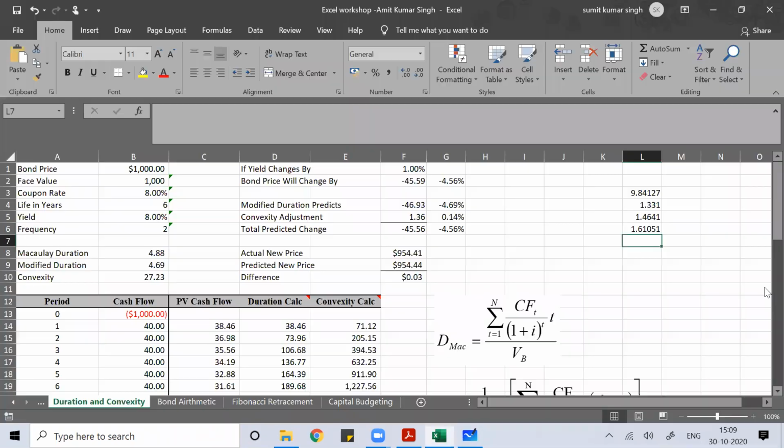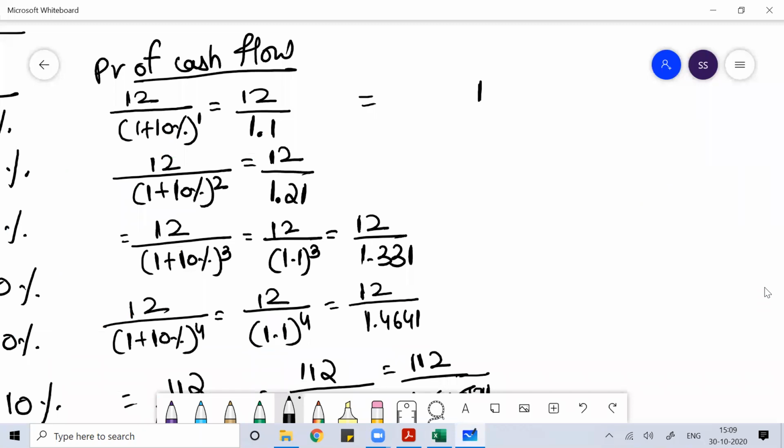So you can find these values one by one. This is 12 divided by 1.1, that is 10.90909.